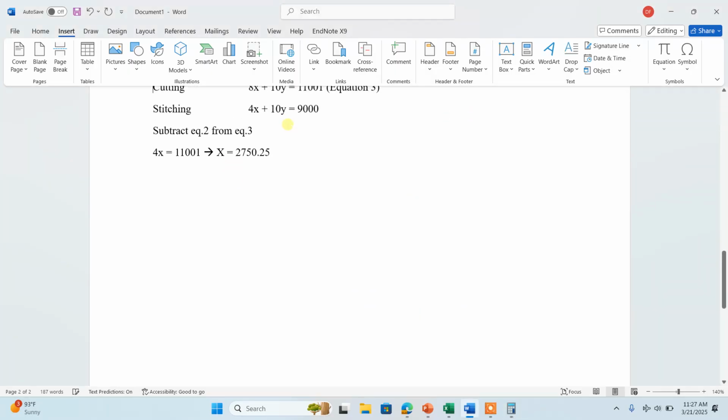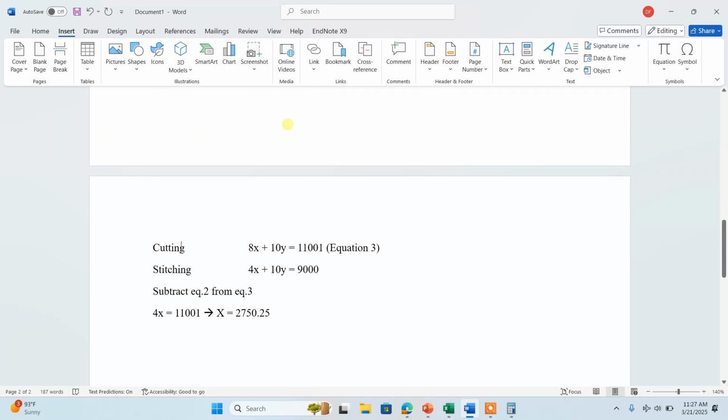Now let's put the value in any one of these equations, either the third one or the fourth one. Put the value of the x. Value of the x is 50.25. Y we need to find. What will be the answer of the y?